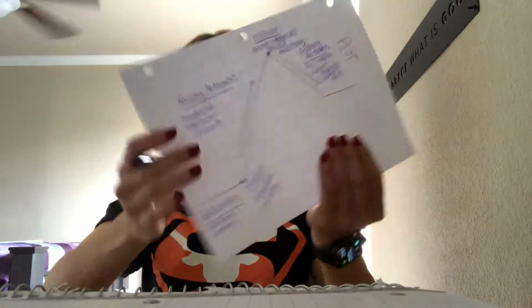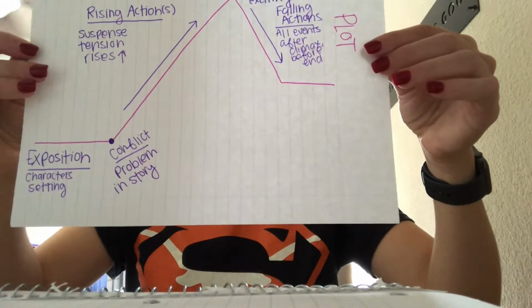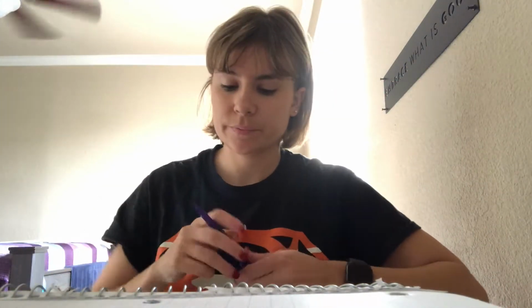Falling actions are all the parts of the story that happen right after the climax but before the resolution. Okay? All events after climax before the end. And you're starting to see now why it is a mountain.